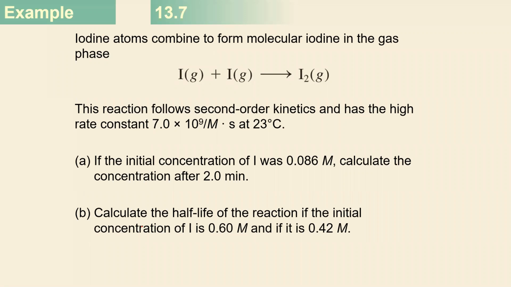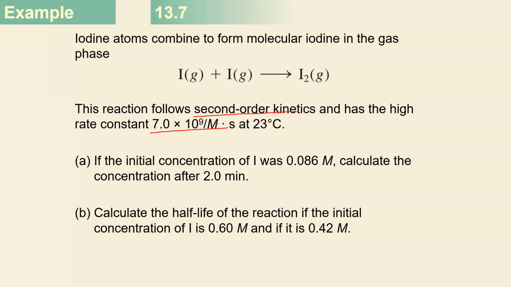Iodine atoms combine to form molecular iodine in the gas phase. This is second order kinetics, and the rate constant is huge, right? Remember, iodine is diatomic. Iodine really wants to be I2 rather than I by itself. And so this reaction is going to go very, very quickly.